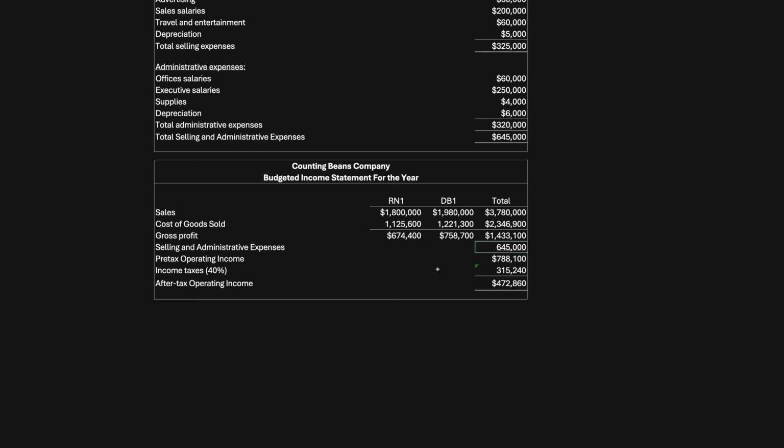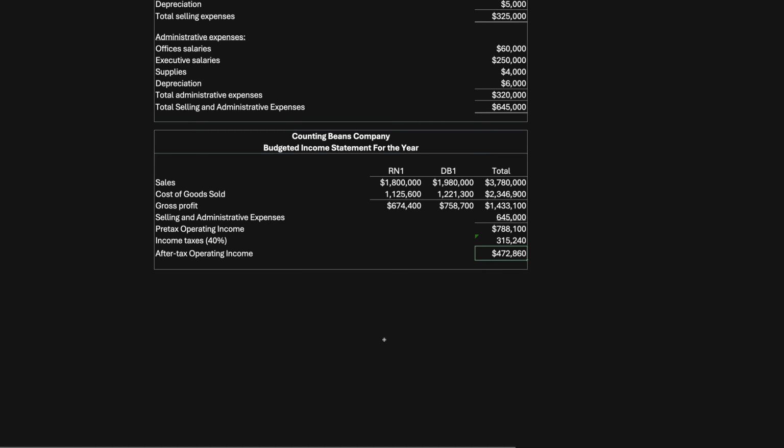If we subtract our selling and admin expenses, we get pre-tax operating income of $788,100. Multiply this by 40%, and then after-tax operating income, or 60%, what's left over is $472,860.